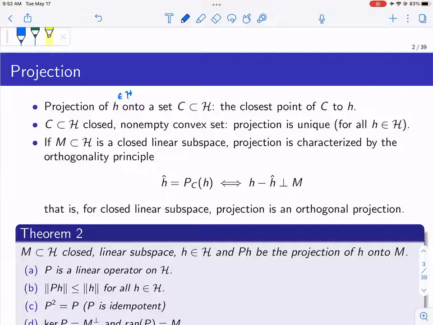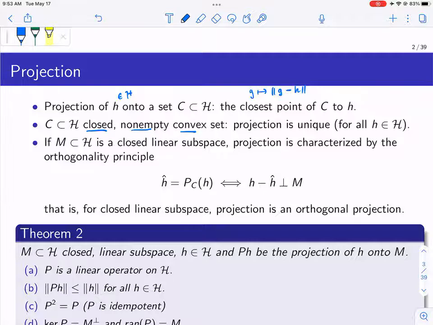If you think of G mapping to the norm of G minus H, the minimizer of this function over G. Any minimizer is a projection, and if C, the subset, is closed, non-empty and convex, then the projection is unique. So for every H, there is a unique projection.